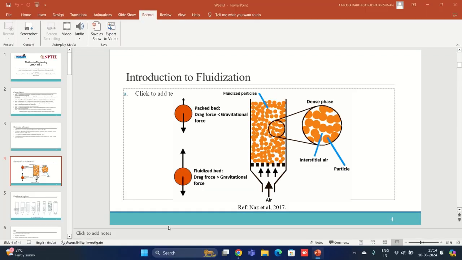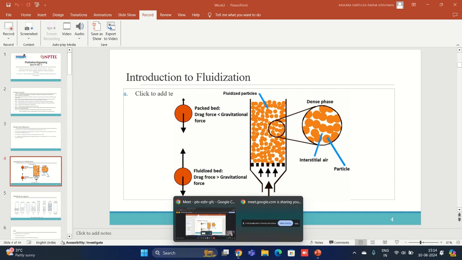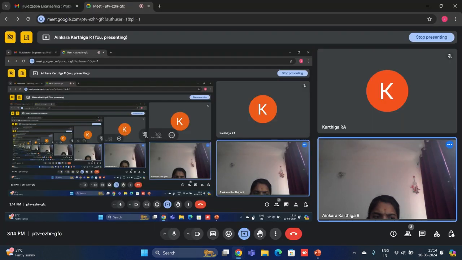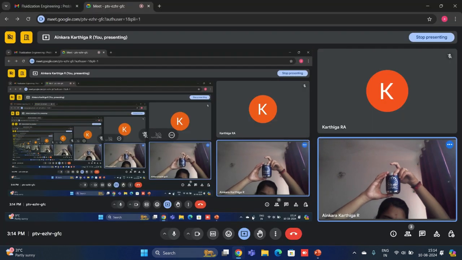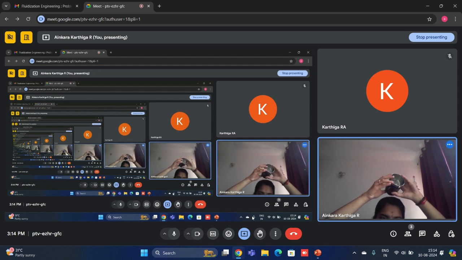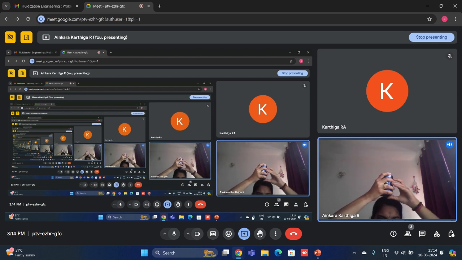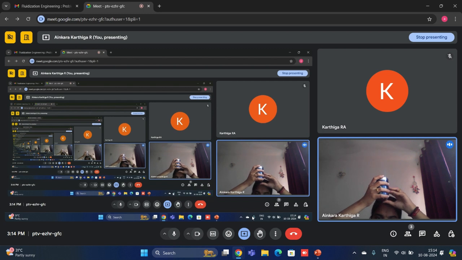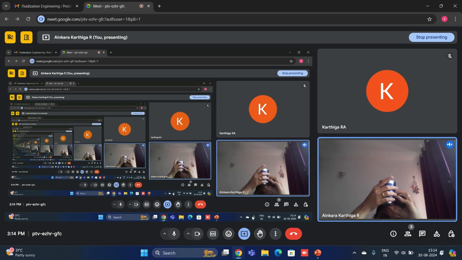To say clearly, consider this is a packed bed. Here we have solids packed till here, and we allow the fluid from here. In the packed bed condition, these particles would be packed till this height, meaning they would be available only till this height.